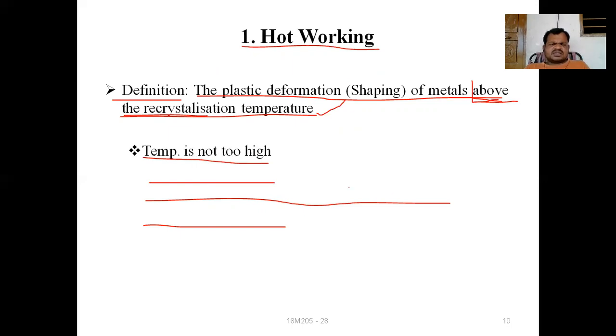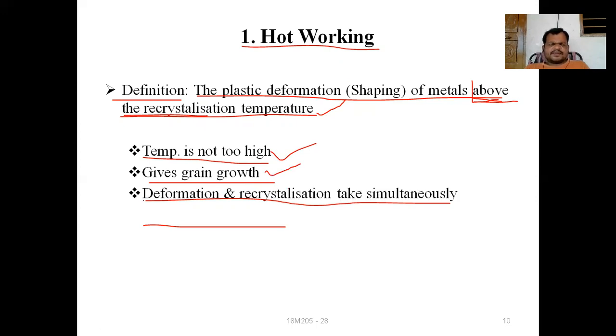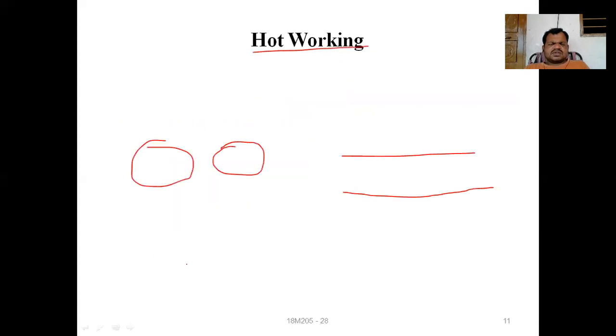The temperature is not too high, and it gives grain growth, and deformation and recrystallization take place simultaneously. No distortion of grains.